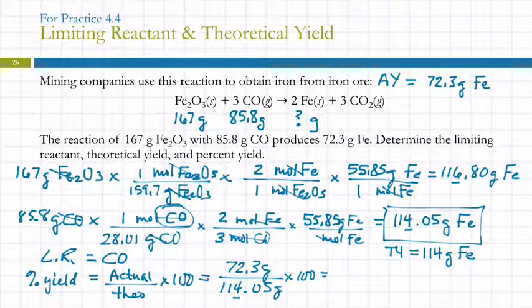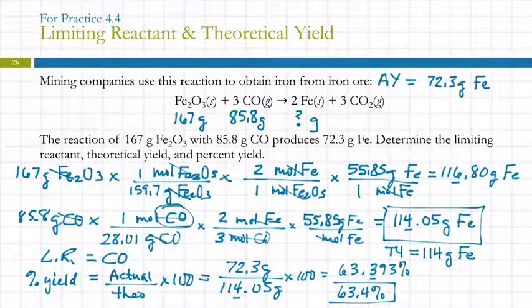So I've got 72.3 divided by 114.05 times 100, and I'm getting 63, look, this should have 3 sig figs, 63.393%, 63.4% is our percent yield. Any questions?